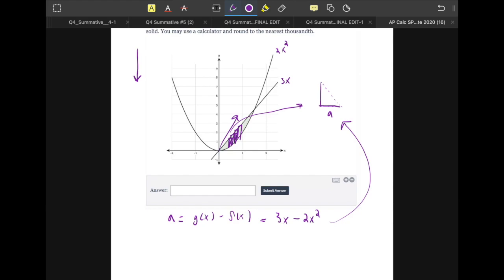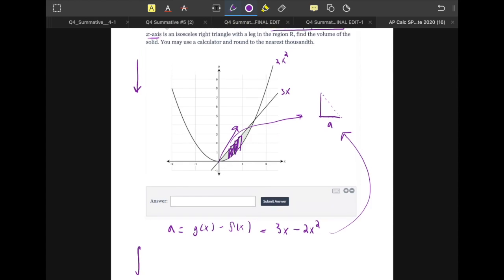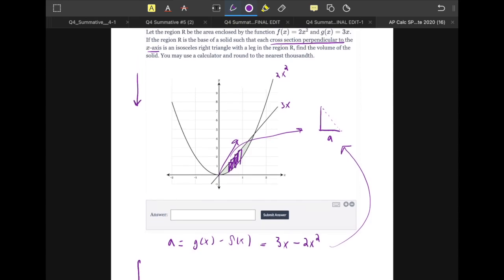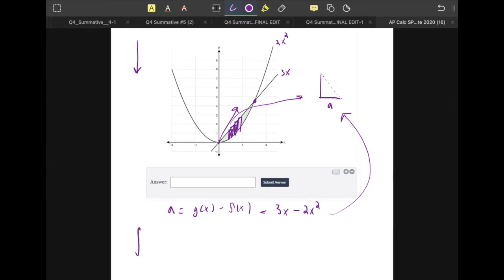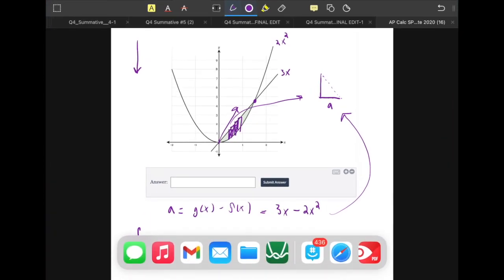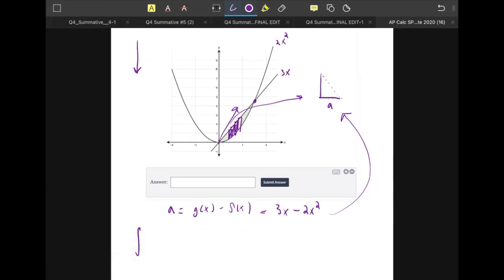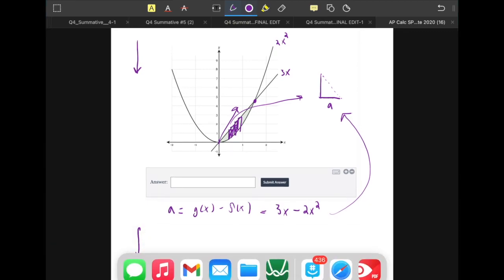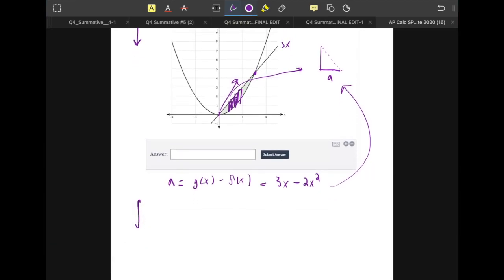And so if this was a calculator active question, I could go ahead and take this over to Desmos. We would have to find these two intersection points here. So let's go ahead and I'll show you how this works. Let's pull up Desmos. Let's graph this. Pull up Desmos, he said, and it worked.